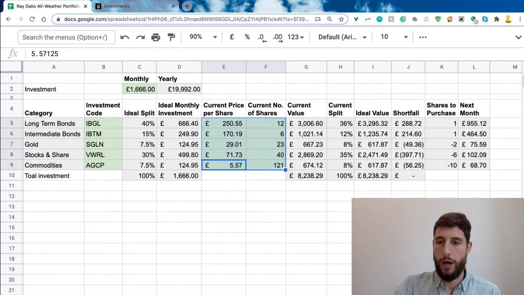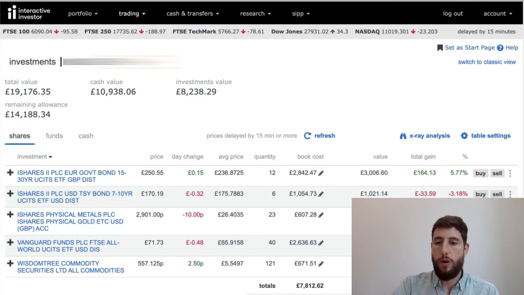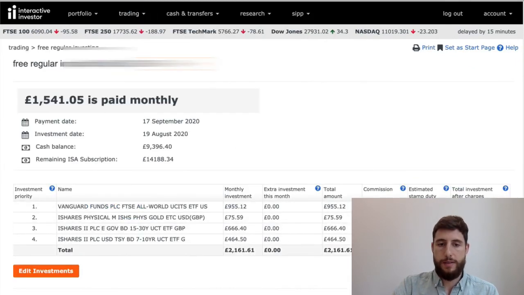monthly if you want to, if it's moving about quite a lot. But if it's staying fairly constant, you could do it, say, every 3 months or every 6 months or even every year. We look at this information to be able to then decide what we do either to our regular investments, so we can change the monthly amounts, okay, so that next month we change how much we're investing so it moves more in line with what we want.